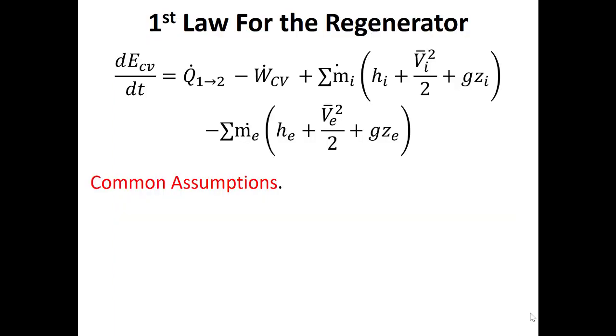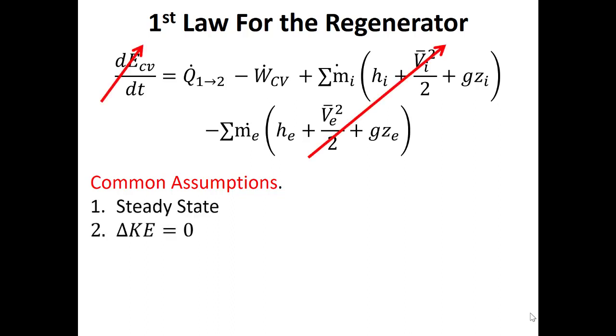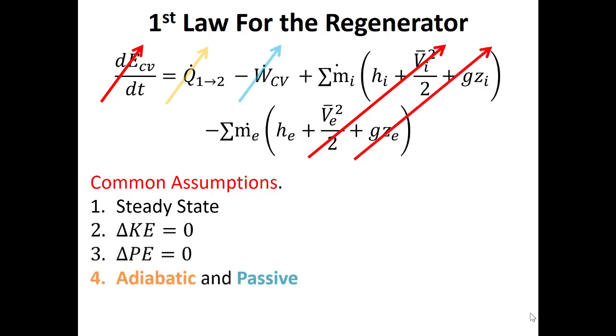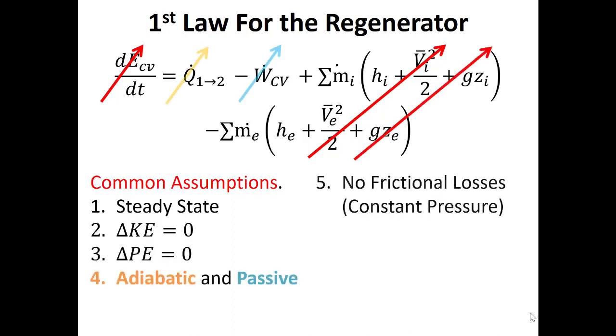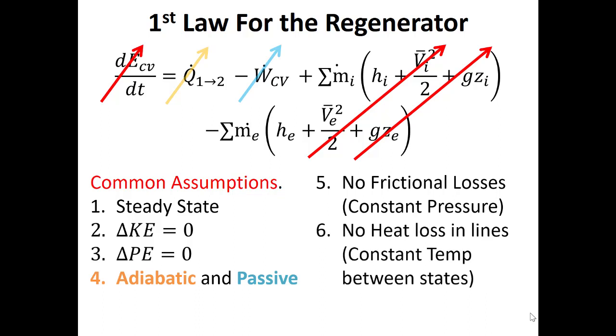So if we look across the whole regenerator, then we can say that it's steady state, there's no change in kinetic energy, no change in potential energy, that it's adiabatic and it's passive, that there's no friction losses, so that the pressure is not dropping on either side, and that there's no heat loss, meaning that all the heat from the hot side, from that exhaust gas that gets lost, goes into the preheating of the fluid that's going into the combustor.